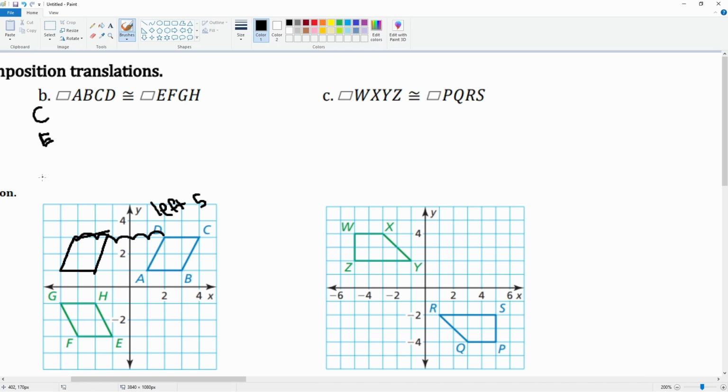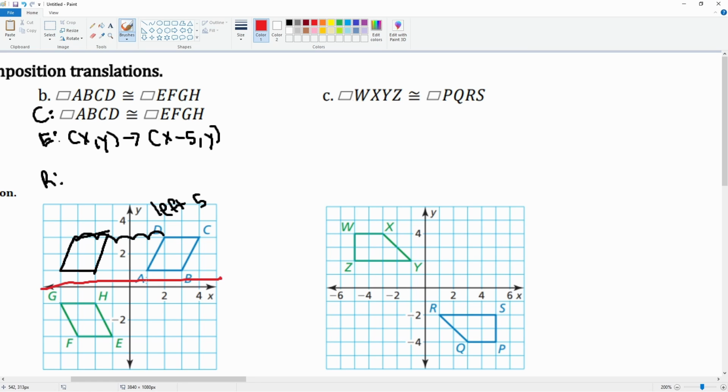Claim, evidence, reason. Claim: I believe these two shapes are the same or congruent, so that's my claim. My evidence: the first part of the transformation is x comma y arrow x minus 5 comma y. That is the left part. Then it looks like it was a reflection over the x-axis, so the y changes.